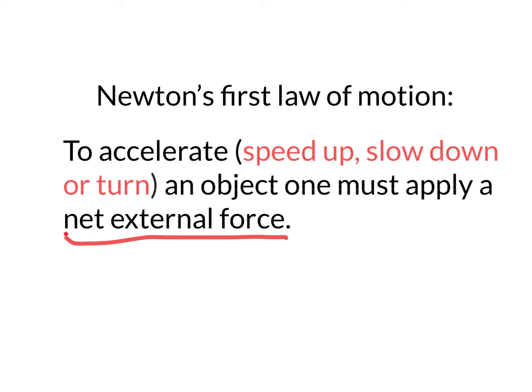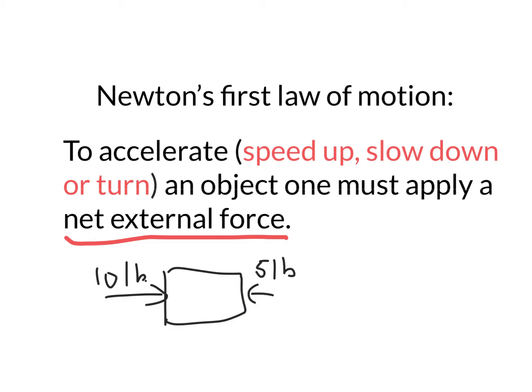Now, if we want to talk about what we mean when we say the net part of this, what does it mean, a net external force or a net force? Let's consider a box where you have 2 people pushing on the box. One is pushing to the right with 10 pounds of force, and the other person is pushing to the left with 5 pounds of force. Obviously, the 10-pound force is the bigger force, it's going to win.